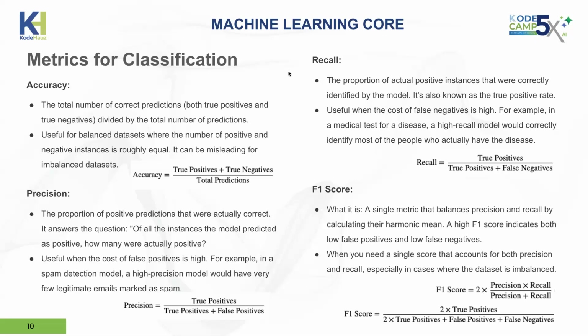So that gives us a measure of how well models are able to predict the correct true value. But recall is, of the total true positives and false negatives, how much are true positives? So recall is a way of measuring how bad the model is at predicting false negatives.